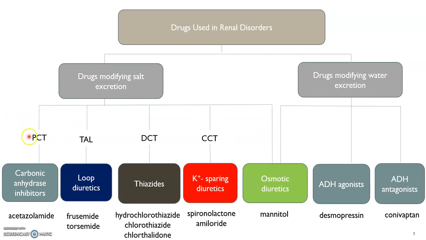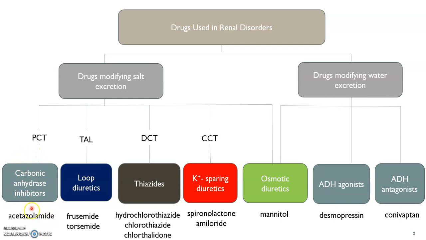From the proximal convoluted tubule to the ascending loop of Henle, the distal convoluted tubule, and then to the collecting tubule. At the proximal convoluted tubule we have mainly the carbonic anhydrase inhibitors, mainly acetazolamide.